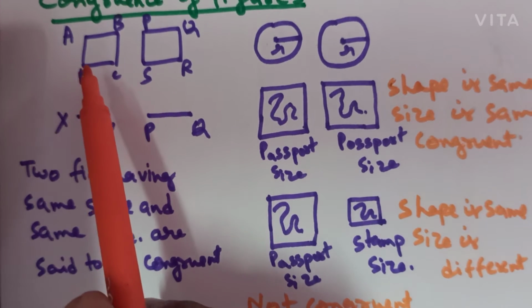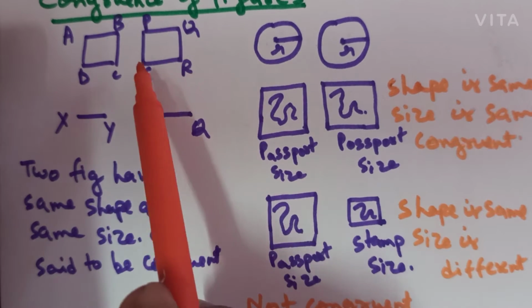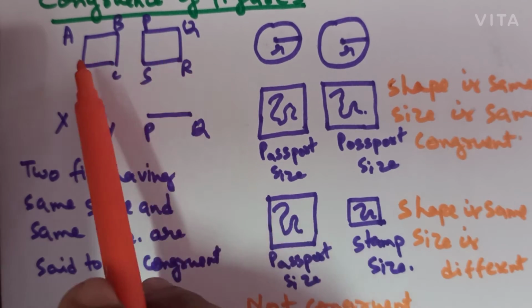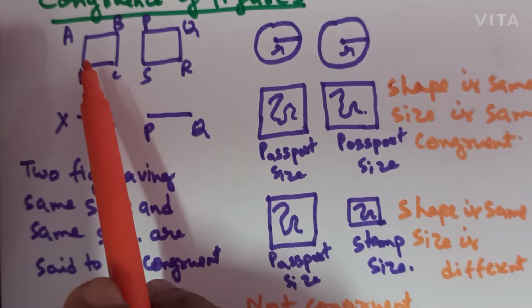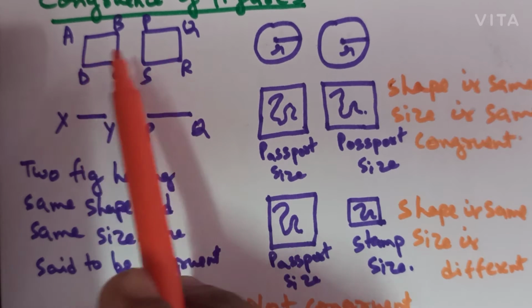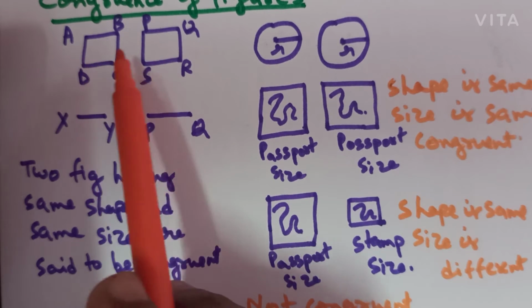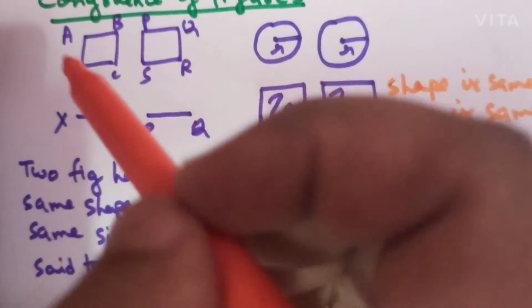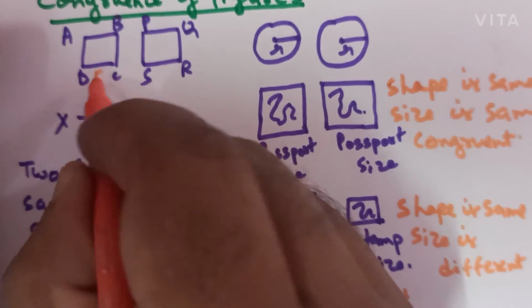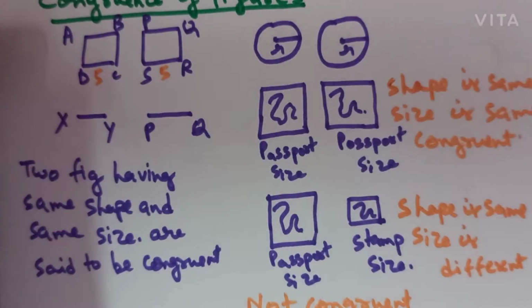Similarly, we have two squares ABCD and PQRS. They also have the same shape and the same size. If both have, say, side 5 centimeters, both squares have the same shape and the same size, so they are congruent with each other.